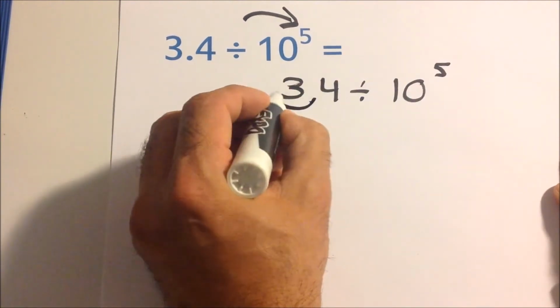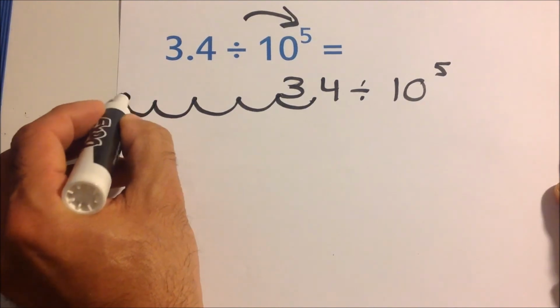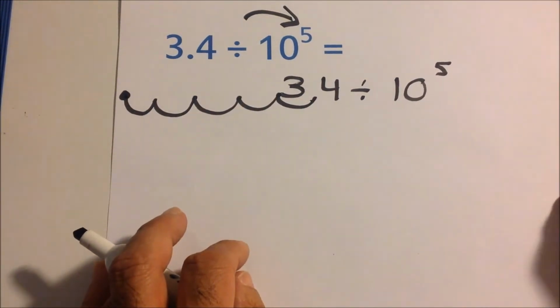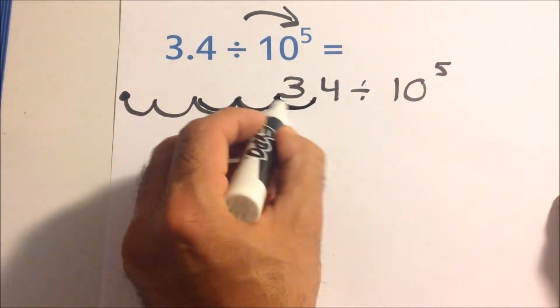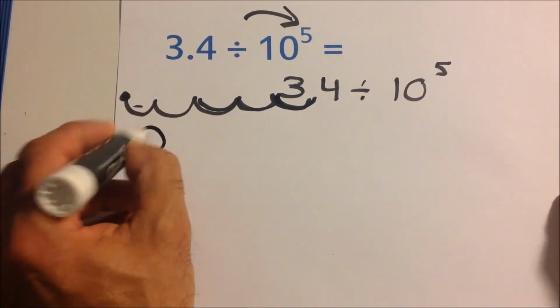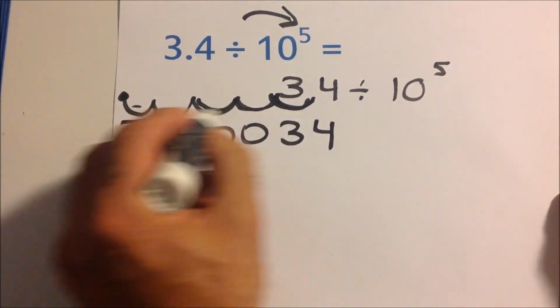Move it 5 times. 1, 2, 3, 4, 5. That's where the decimal is now. Don't keep 2 decimals, by the way. I've seen some students do that. So we have our places. One place has a 3 in it, but we have all these empty places. We've got to fill them with zeros. 1, 2, 3, 4. And that's a very small number.